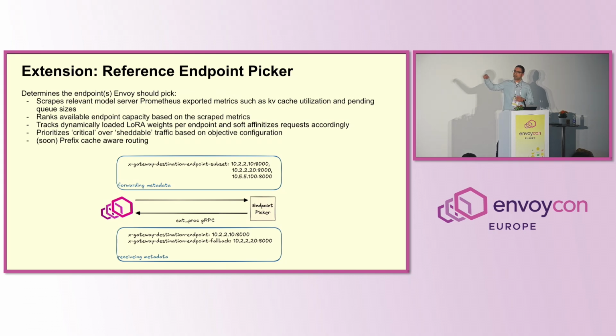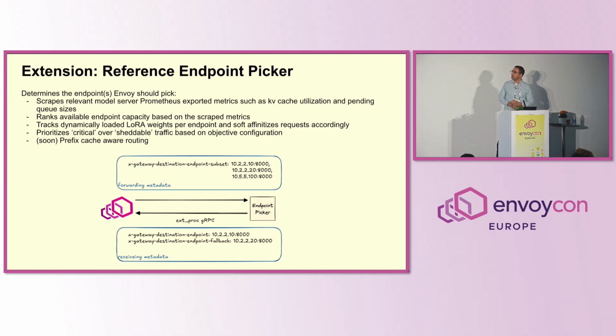And the way that this is actually implemented is that we have ext_proc metadata. When the endpoint picker runs its algorithm and picks the endpoint, it returns in the ext_proc response metadata keys that essentially tell Envoy which primary endpoint has been selected, and also which fallback endpoints are selected, so that if it needs to retry, it can actually retry to a different endpoint.